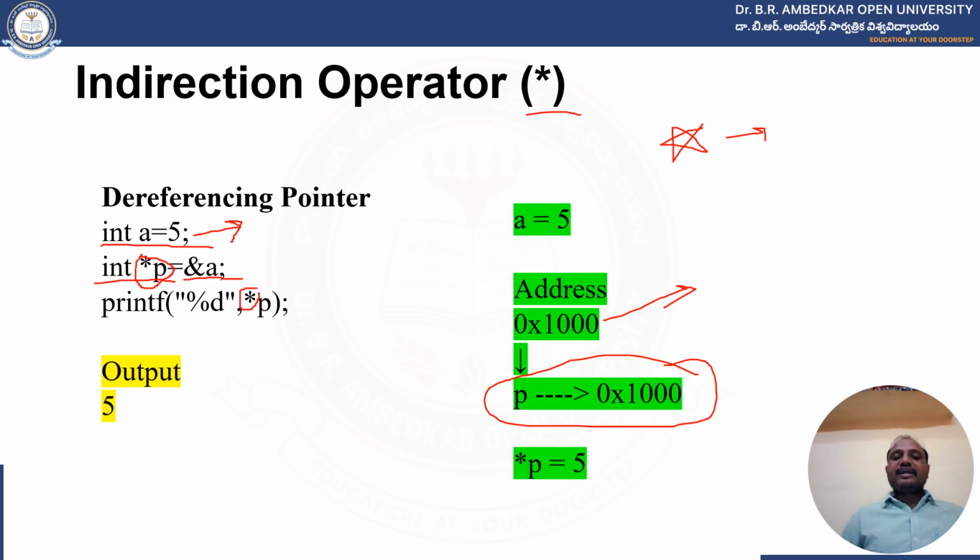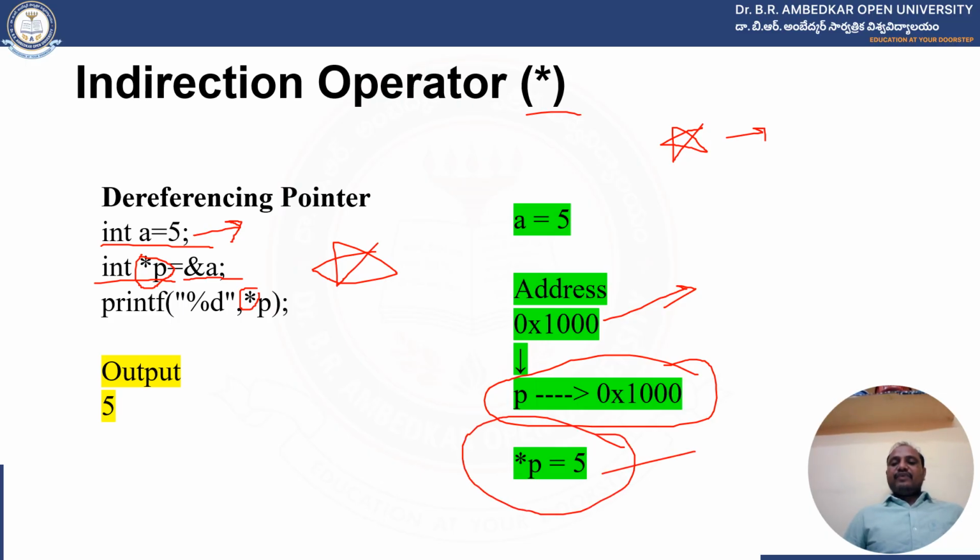So for both declaring the pointer variable and accessing the value through the address, we use only the asterisk operator. So asterisk p value will be 5. In p the value is the address of a, but when we use the dereference operator, it goes to that address and prints whatever value is there. That is the purpose of the dereferencing operator.